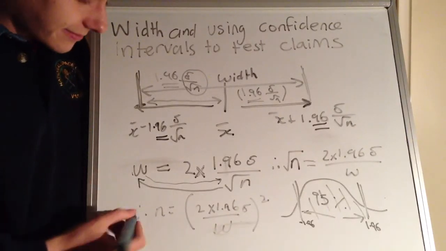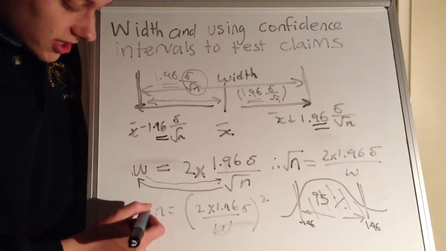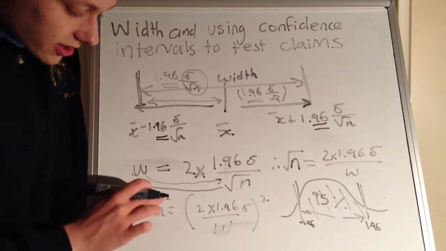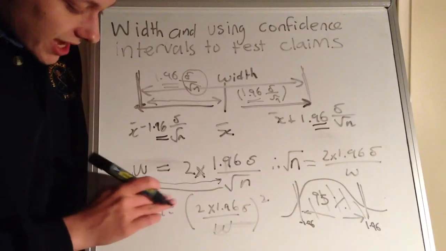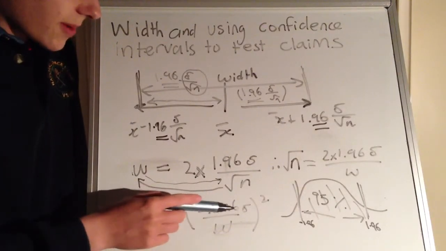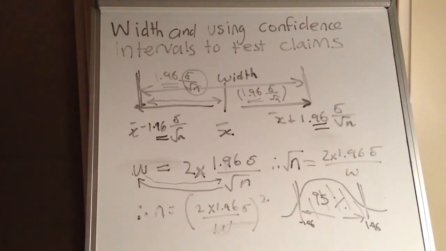Then, in order to get rid of that square root, I square both sides. So this is technically square root n squared, but you know that the square root and the squared symbol cancel out. So we end up with n equals (2 times 1.96 sigma over w) squared. And that gives us the number of samples we need to take in order to get the desired width that we want.